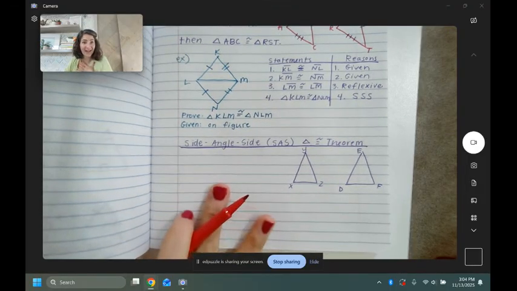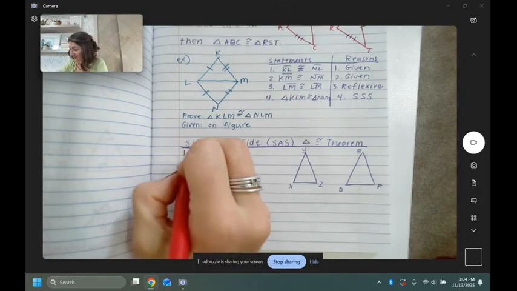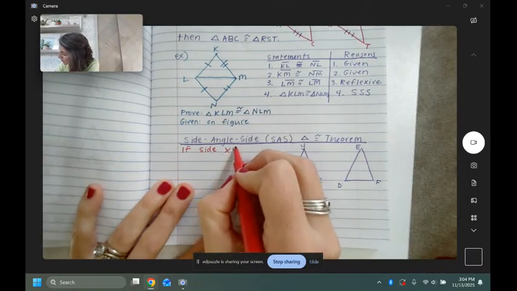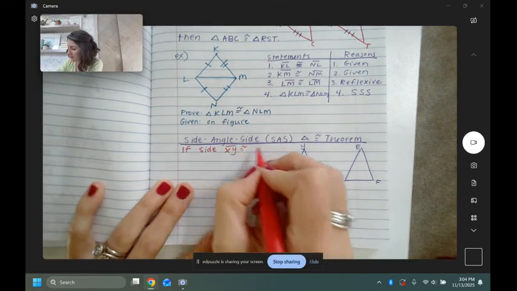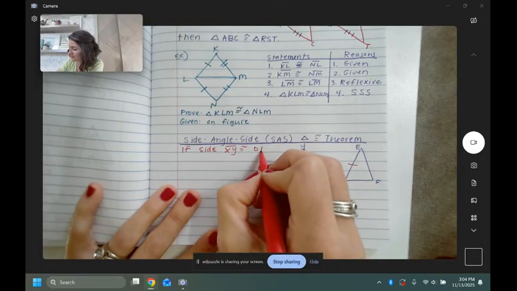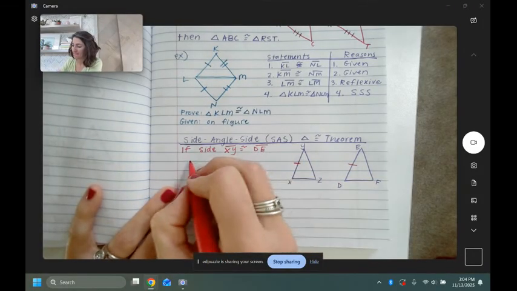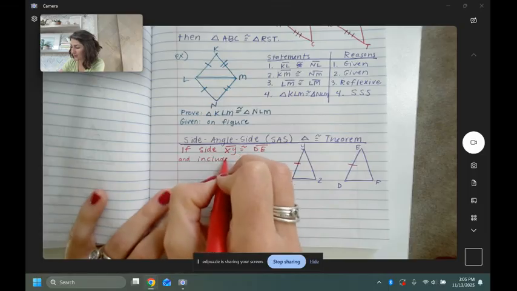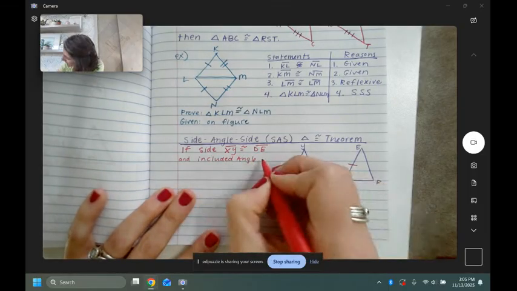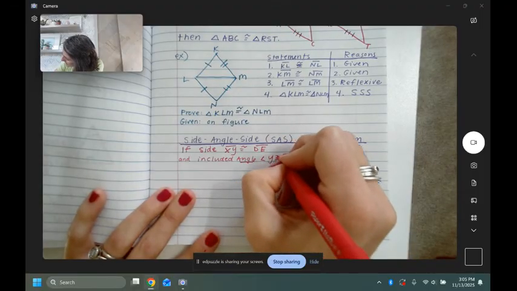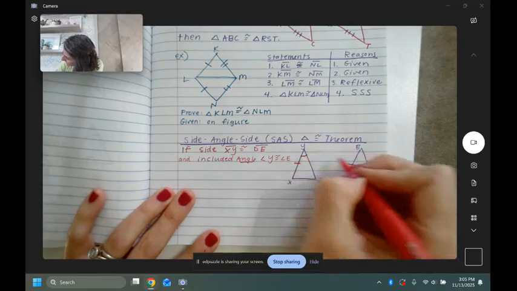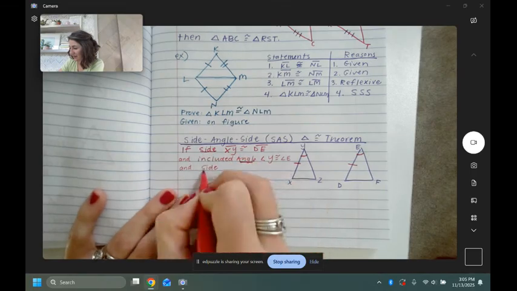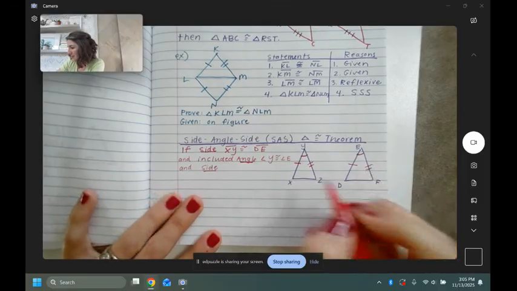They are congruent by side angle side if side XY is congruent to side DE, and the included angle Y is congruent to angle E, and side YZ is congruent to EF.